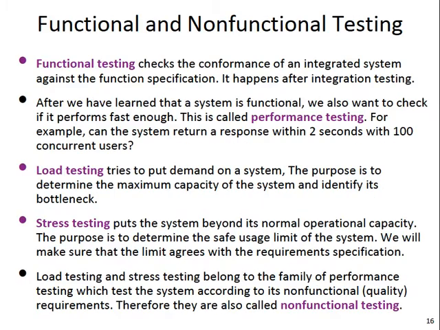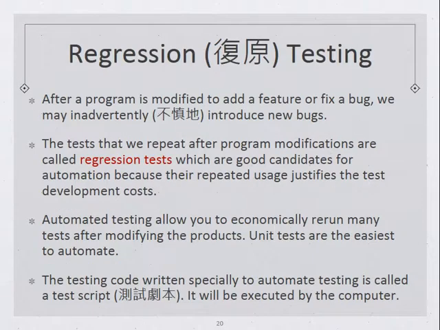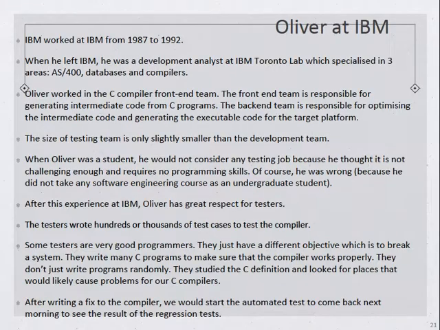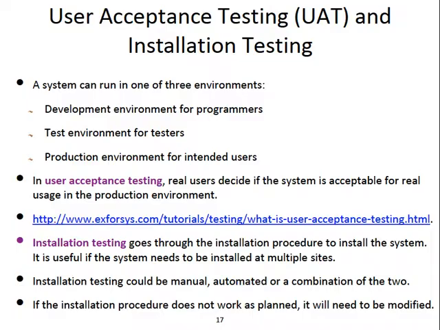I share with you that at IBM, the testing team is perhaps 2/3 the size of the development team. So you can see how serious they are. If you are into a product business, delivering a software product, then it's a good idea to have a strong, sizable testing team.